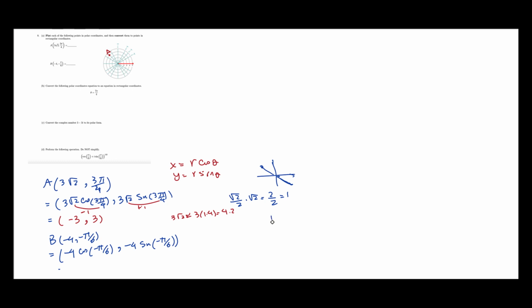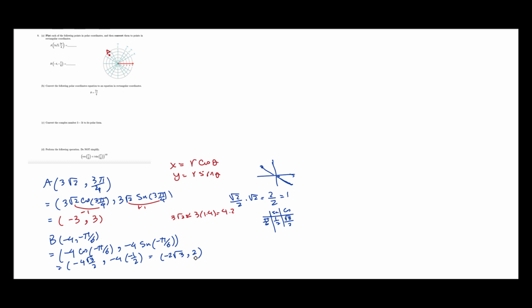I go to my reference angle pi over 6, and I know that sine of pi over 6 is 1/2 and cosine is square root of 3 over 2, and here I have to apply the negative sign for sine. So I get negative 4 times square root of 3 over 2 and negative 4 times negative 1/2, and I can simplify that: negative 2 square root of 3 and 2.